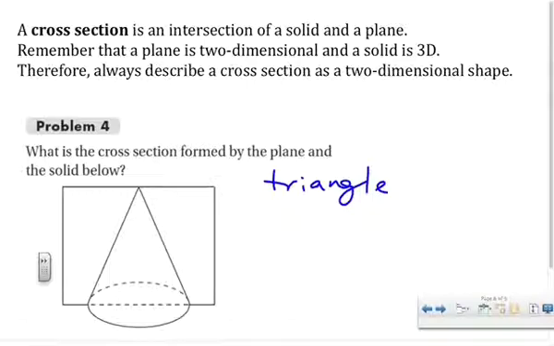How about trying to take this to the next level? Suppose I were to take that cone and slice it horizontally with a plane. What cross-section would I have? Circle. Still getting really wild and crazy here. How about if I sliced it on a slant?